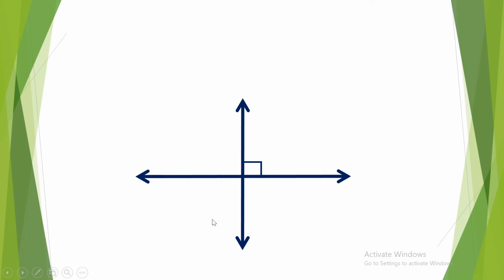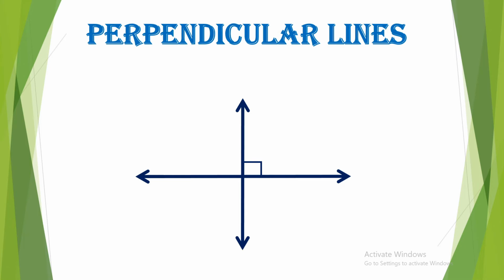What do you think is the relationship of these two lines, the horizontal and the vertical line? It begins with letter P, 13 letters. Very good. They are perpendicular lines.